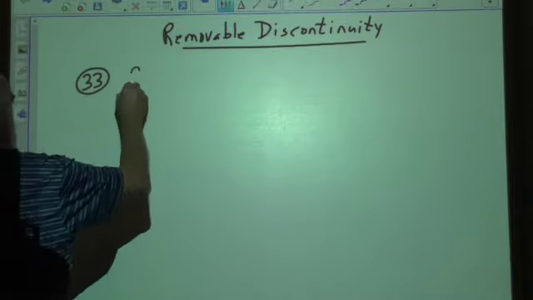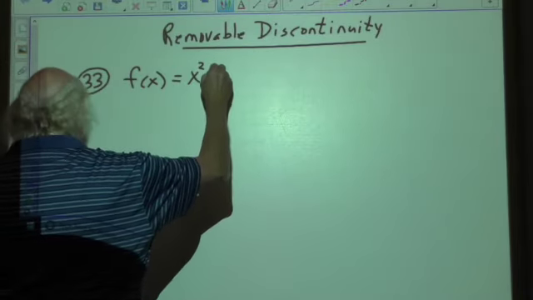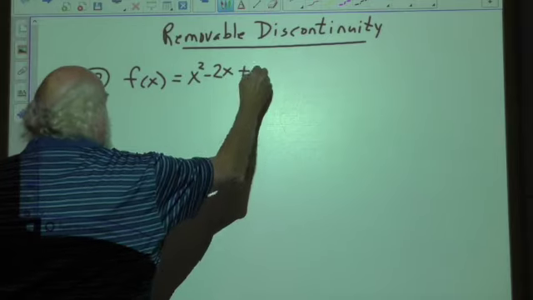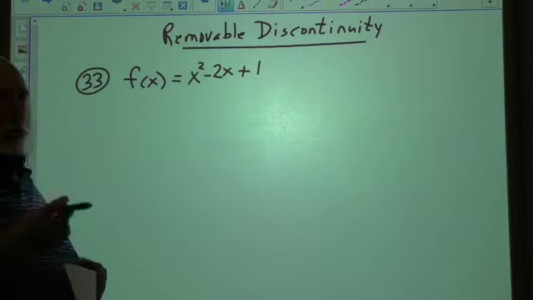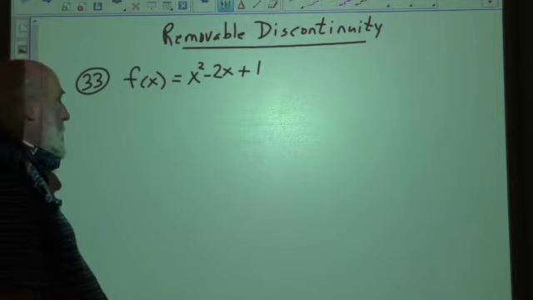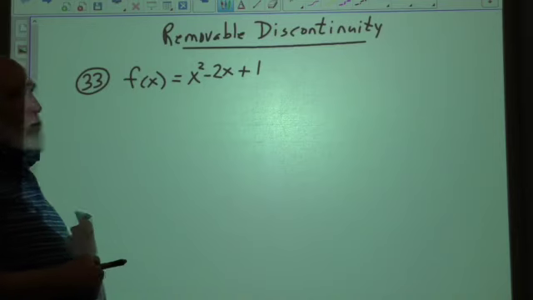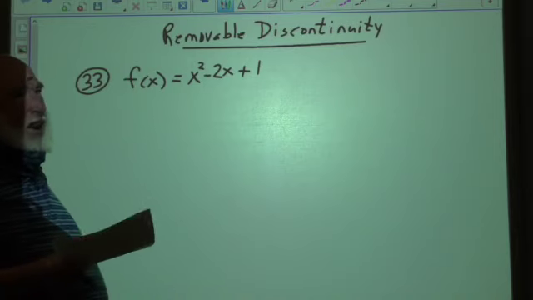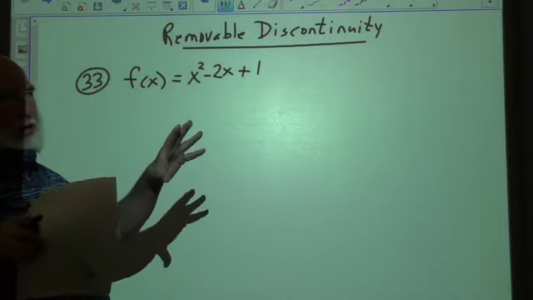And that is f of x equals x squared minus 2x plus 1. Well, the nice thing about this, if you were to graph this on the calculator, you would see a nice parabola. You have to sometimes mistrust your calculator because it deals at a large scale.